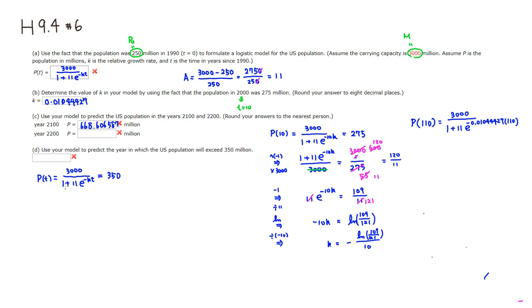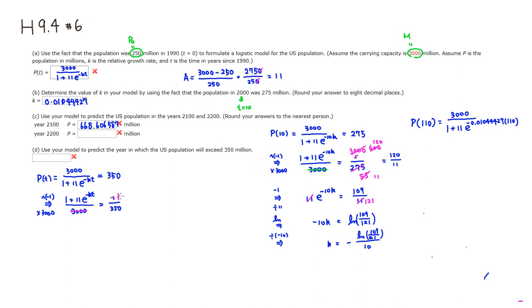So this is going to be, take the reciprocal of both sides. So we have 1 plus 11 e to the negative kt over 3,000 is equal to 1 over 350. And I multiply through by 3,000, that way we can get rid of 3,000 here.